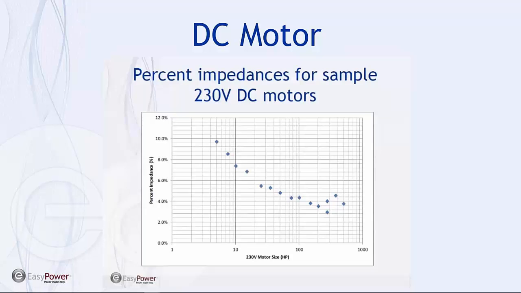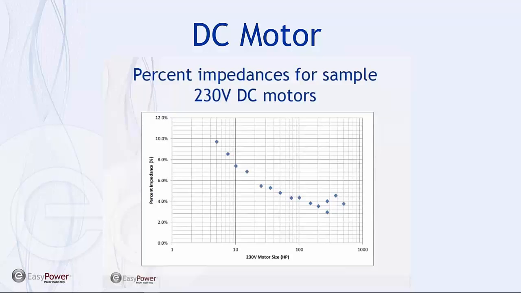The plot ends up looking something like this, and this gives us the ability to come up with a value for this artificial variable we're calling percent impedance for a given size motor.